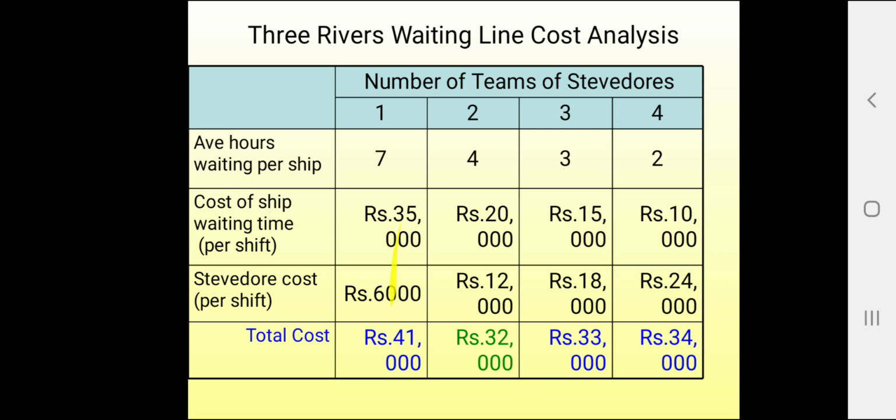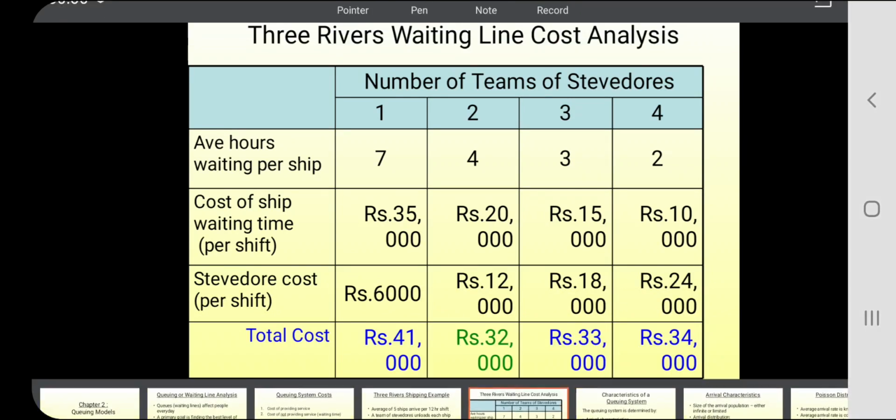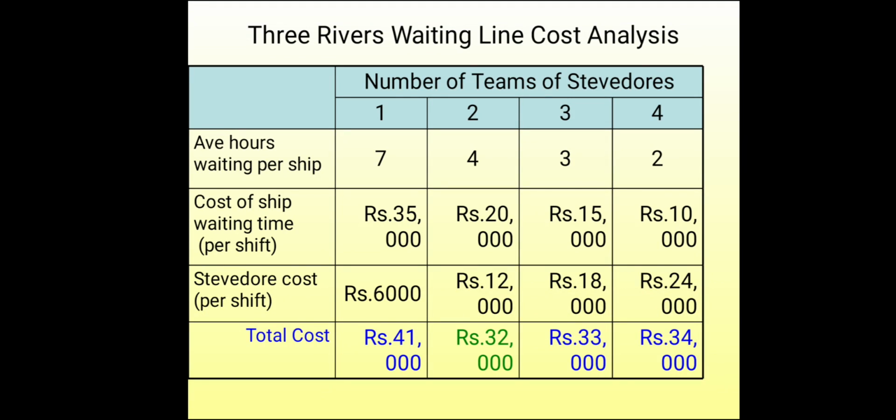Now you just add this. So 10,000 plus 24, that is 34,000. 15 plus 18, 33,000. 20 plus 12, 32,000. If you see the total cost, so if one steward is there, 41,000. If 2, 32,000. If 3, 33,000. And 4 stewards, 34,000.